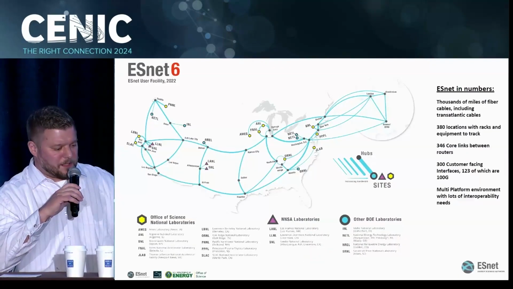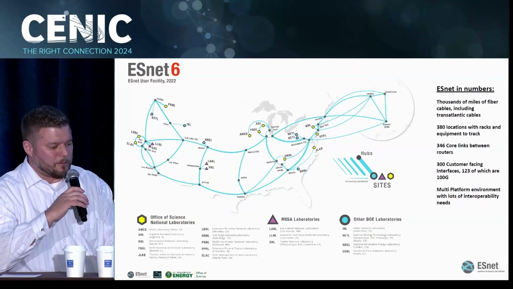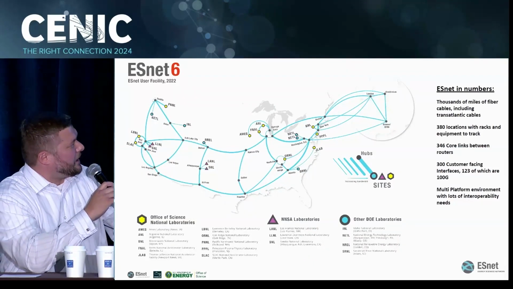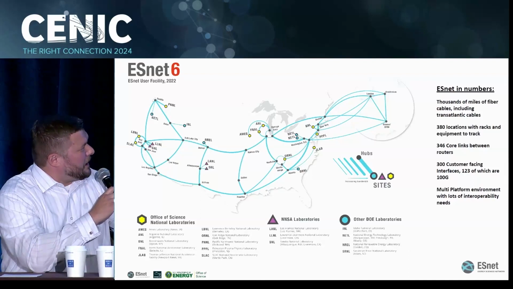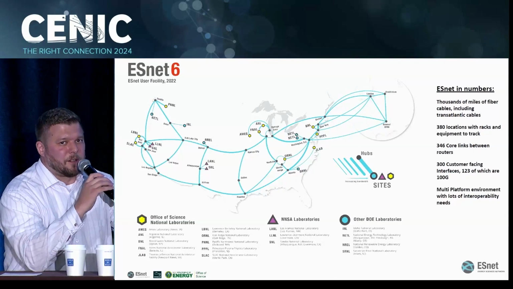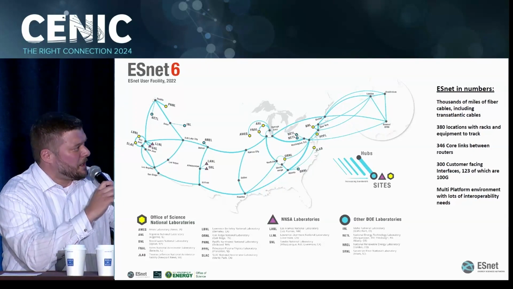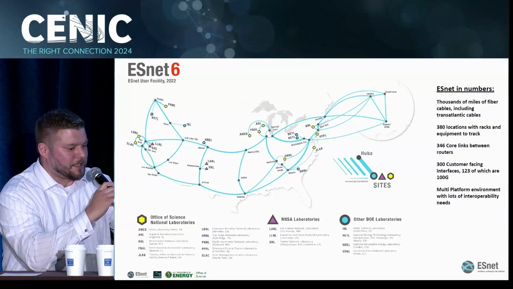So this is basically our network. Some of you might be already familiar with the slide. It's also on our website. So ESnet's main mission is to interconnect all the national laboratories. We also connect some NNSA sites and some other DOE facilities.